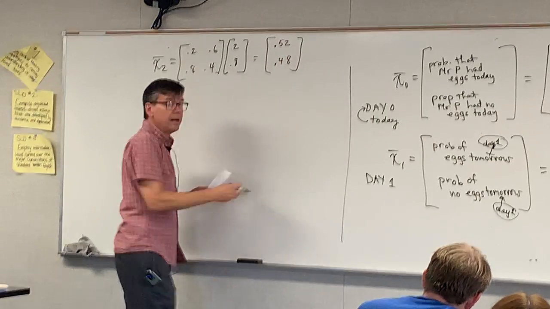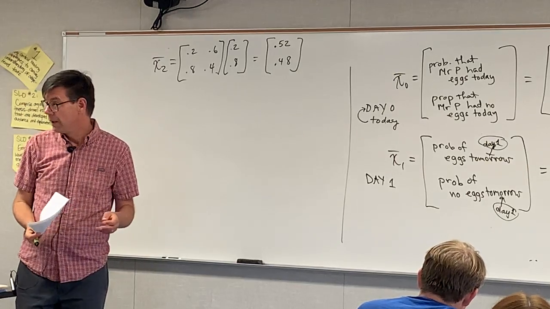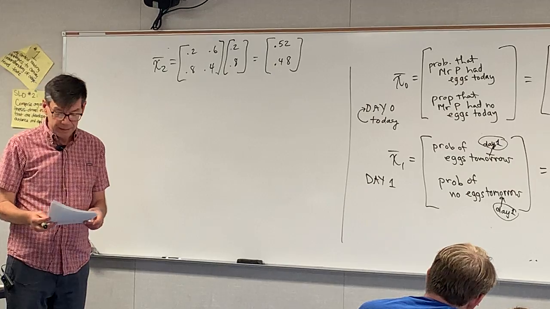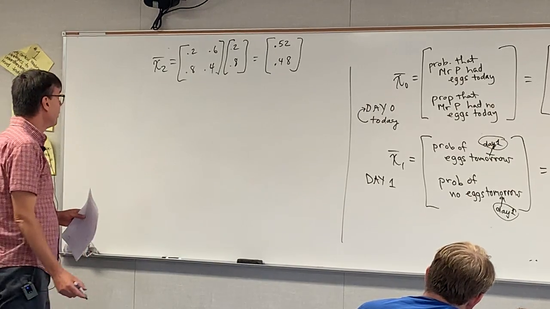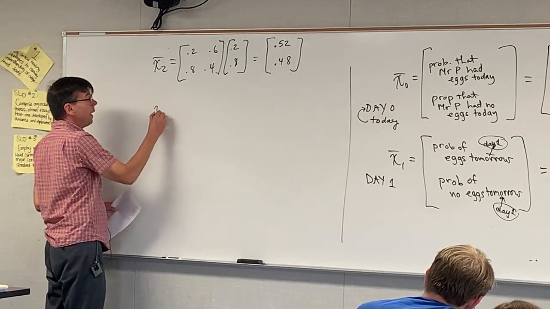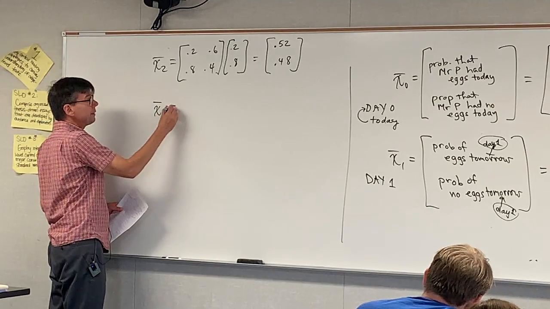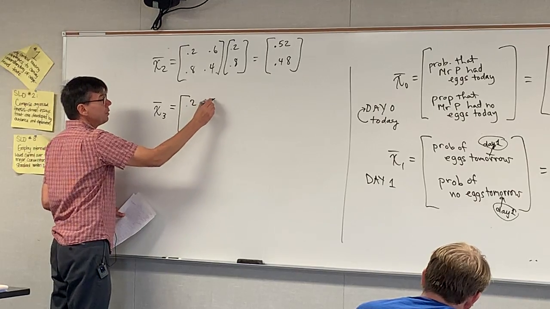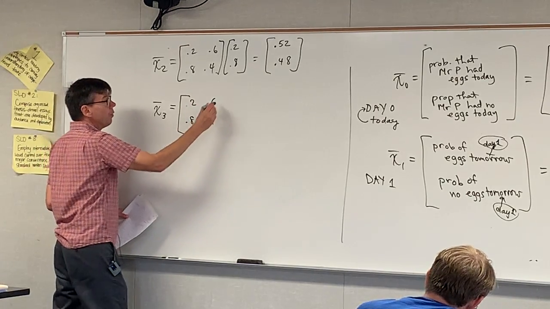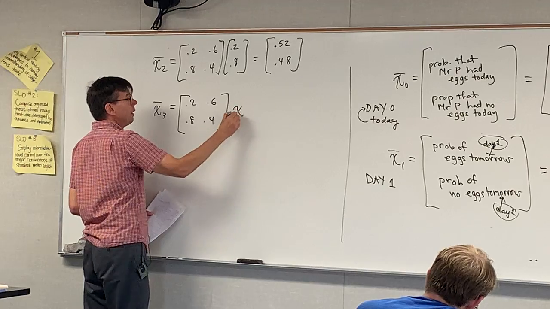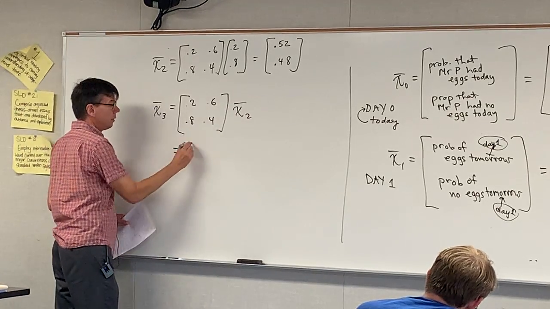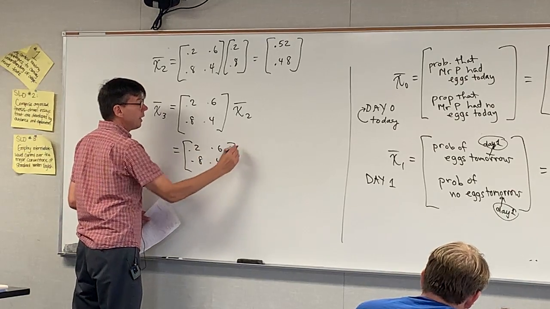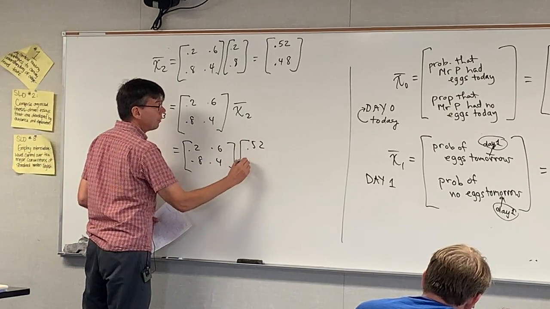So I'm not going to ask you to do these multiplications by hand. This is going to start getting really messy as we work our way down the line. X3, the probabilities for the next day, is just going to be the same stochastic matrix, 0.2, 0.6, 0.8, 0.4, times our x2 value, 0.52, 0.48.